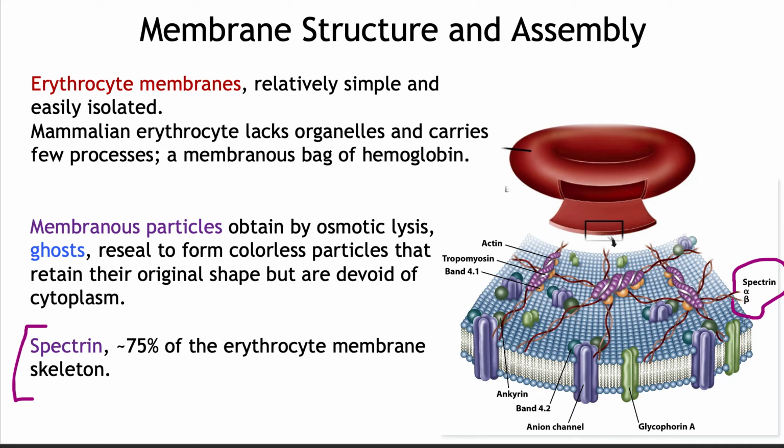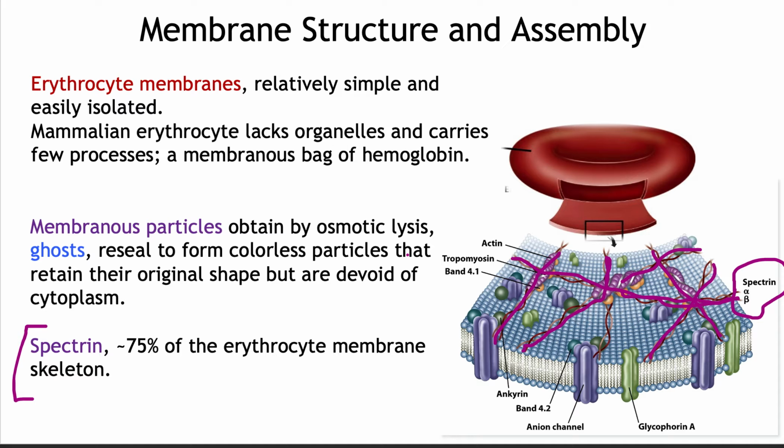Spectrin is an alpha beta dimer, so it's showing you two. These are spectrin. I'm just going to show one, but it's really an alpha beta dimer, right? So suppose this is the alpha, the beta is right next to it.